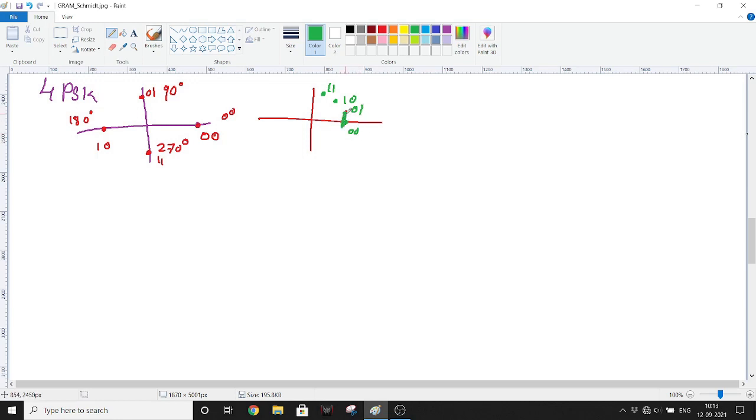So the distance between these symbols is very small. So one can mistake 1 0 for 0 1. But when I come back to the traditional representation, we can observe the distance between them is almost 90 degrees, where one has a larger margin for identifying the difference between each symbol.